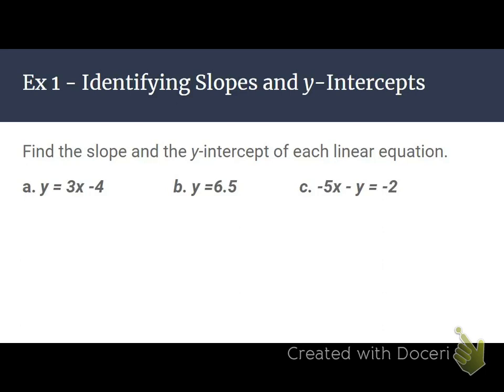So from these, we are just identifying the slope and the y-intercept of each linear equation. So slope, what letter did we say we use for slope? M. What about the y-intercept? B. So for each one of these, I want to know what m equals and what b equals.